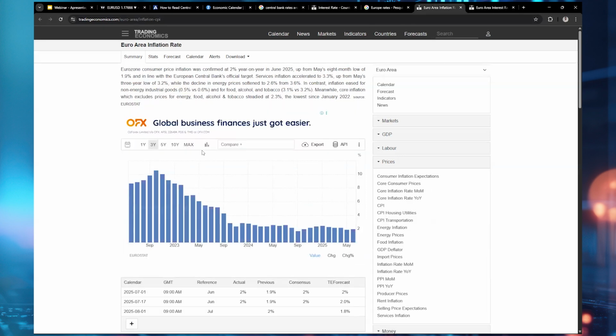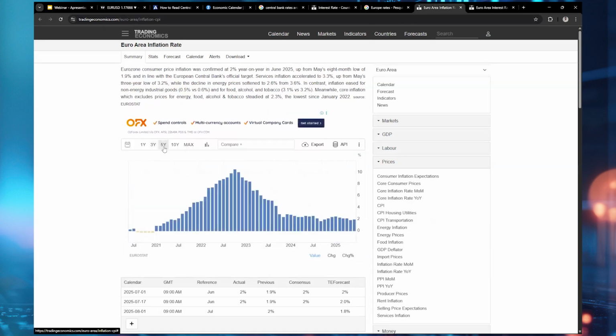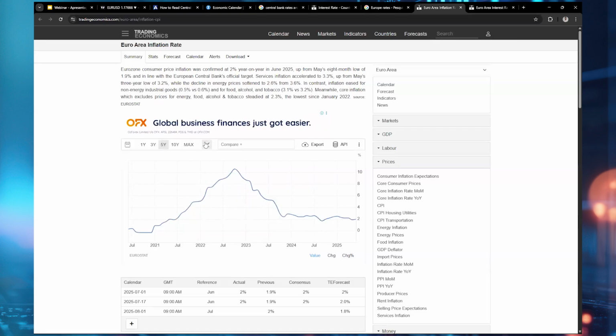On inflation, the maximum they've been, let me just put this into a line chart, like step lines. Yeah, that's better. The maximum they've been was above 10% in 2022. That's huge. Wow.